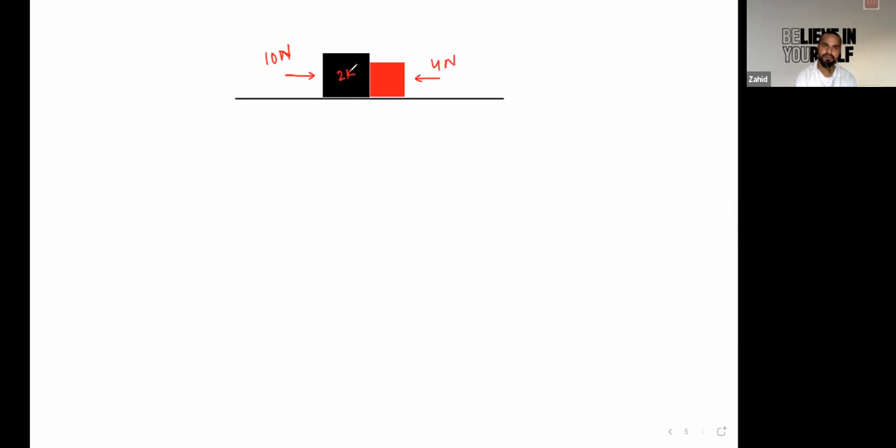This is of 2 kg and this is of 1 kg. Let's say A and B. Find first the acceleration of the system, second the force on A by B. Try to simplify it as we did in the last part.